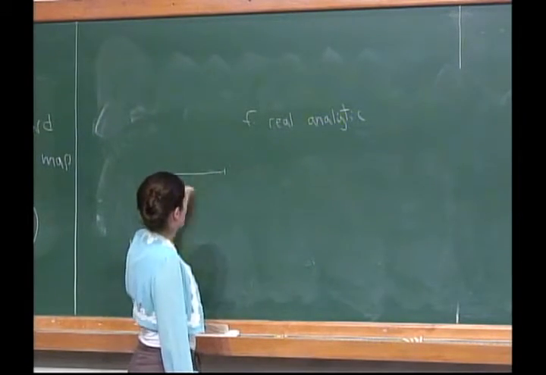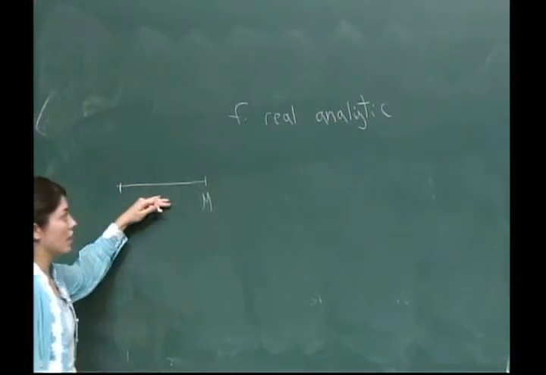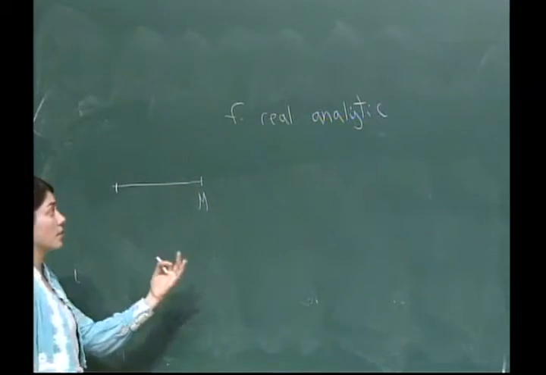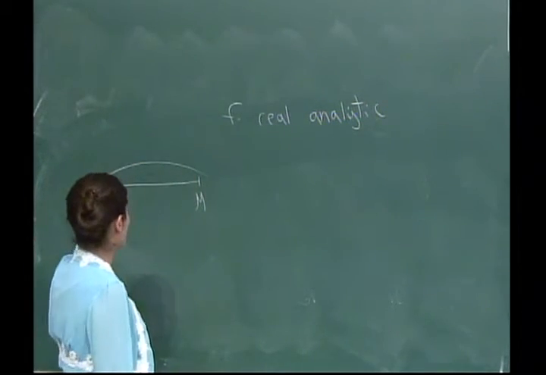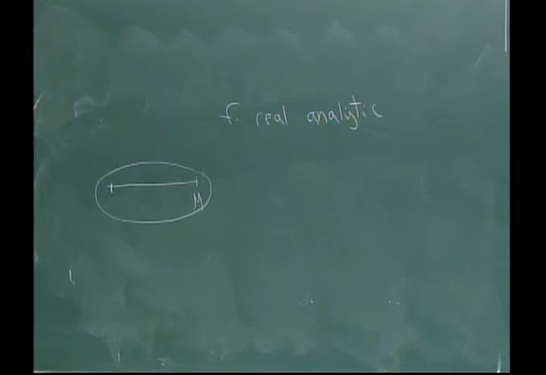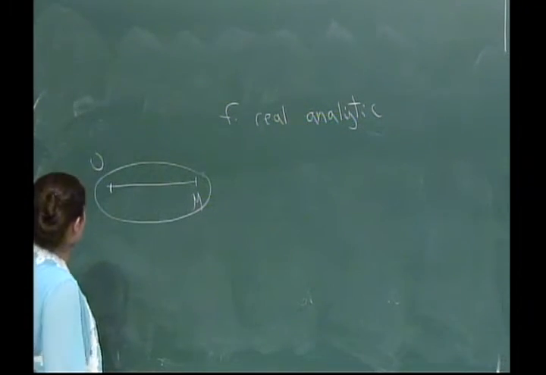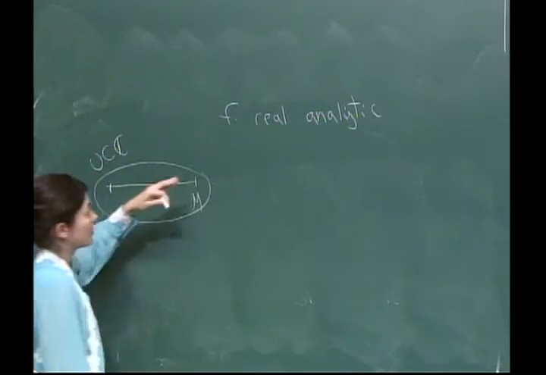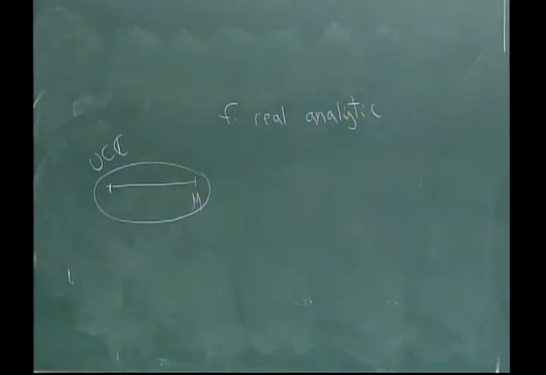So you have M, and F is defined on the real line, but the same Taylor expansion locally will give you a complex analytic map on a neighborhood. Now, let's say U in the complex plane. It's exactly the same expansion, just evaluated at complex points.